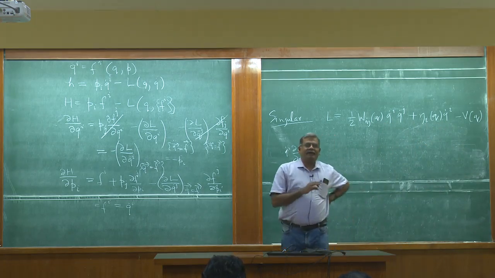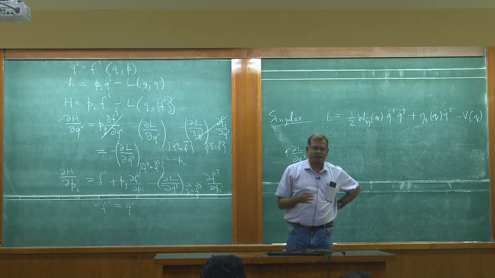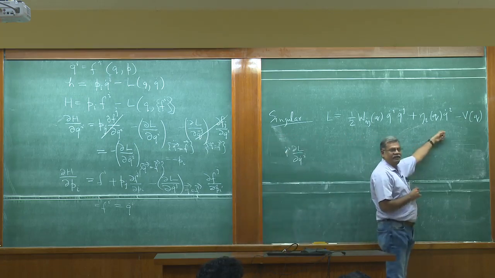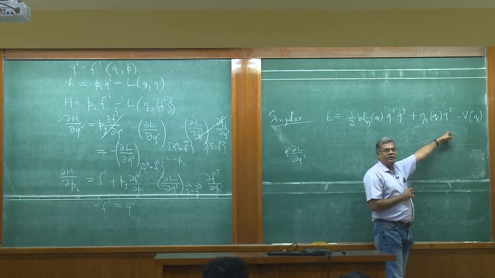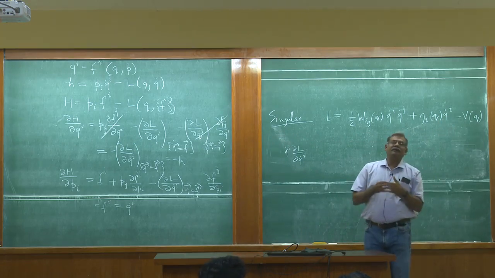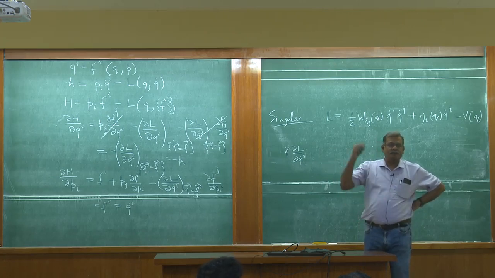In fact, that's essentially why for purely quadratic kinetic energy terms, which is very common, your Hamiltonian works out to kinetic energy plus potential energy always. But actually it's not always so, because kinetic energy would usually have terms like this as well, and also a term which is independent of q dots perhaps, especially if you are changing your coordinate system or you have a movable origin, that kind of thing.